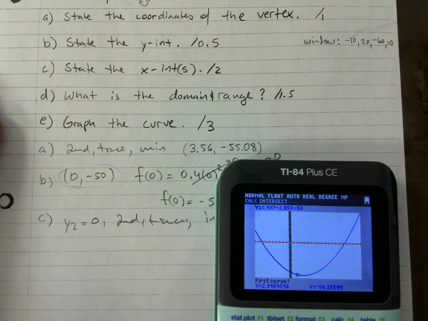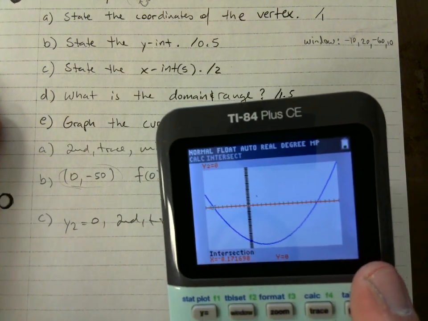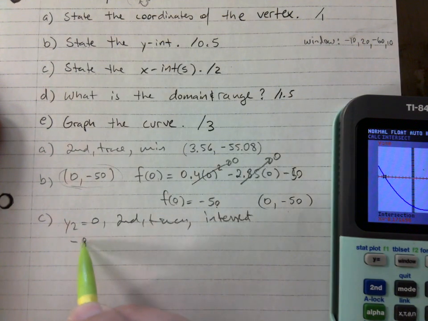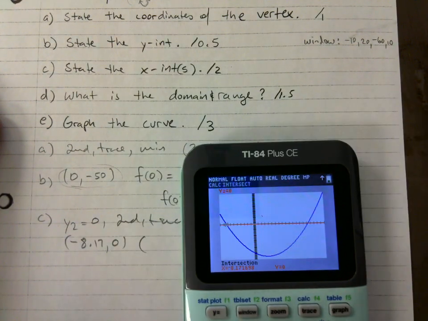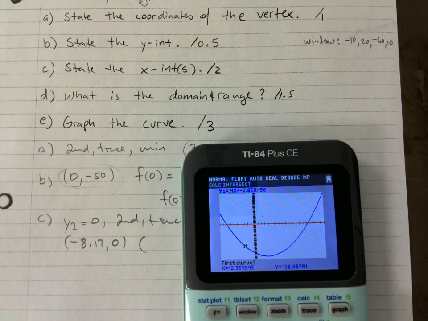You find the one, I go a little closer to the one I want, hit enter, enter one more time, and bingo. Negative 8.17, 0. So that's one mark there. I'm going to go find the other one, second trace 5. Travel all the way to the other side.